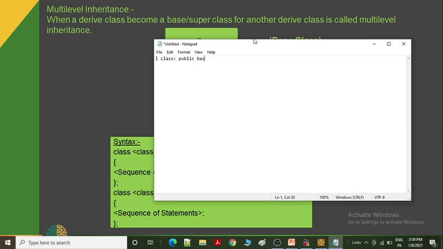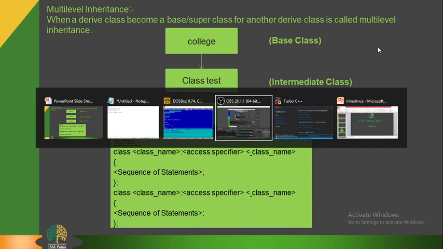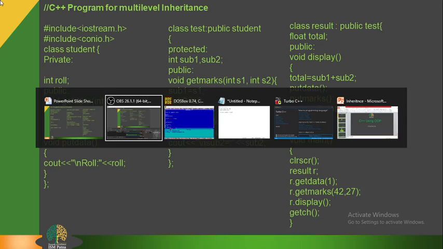After that, the derived class, public, and then the intermediate class. So the relation exists in this format in multi-level inheritance. Let's check it with an example.